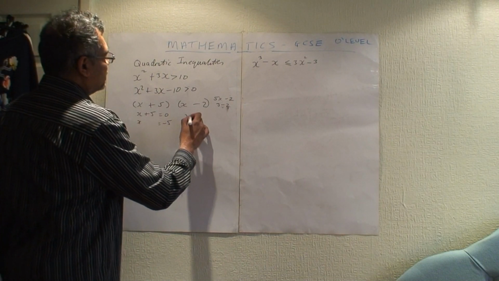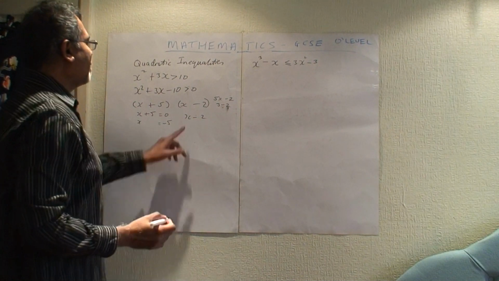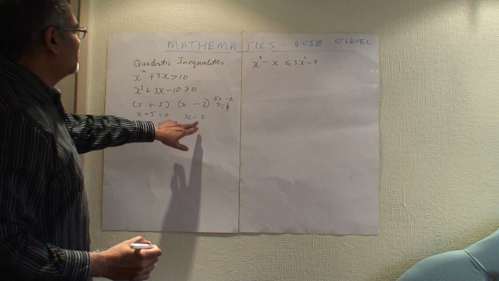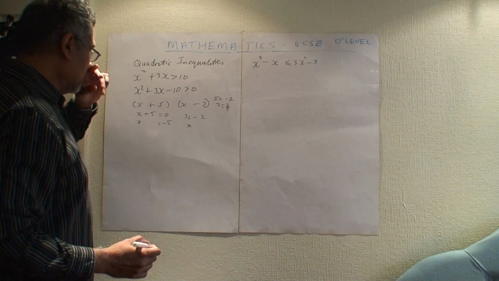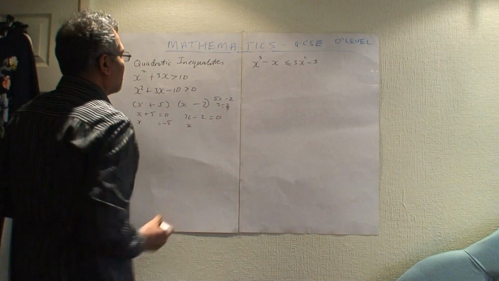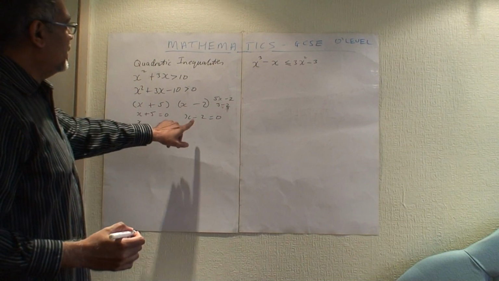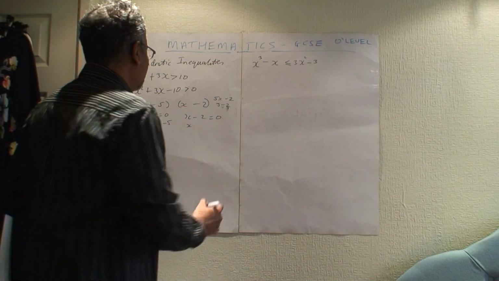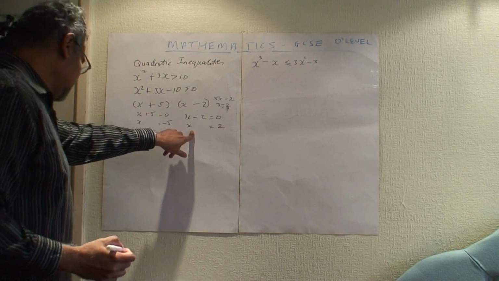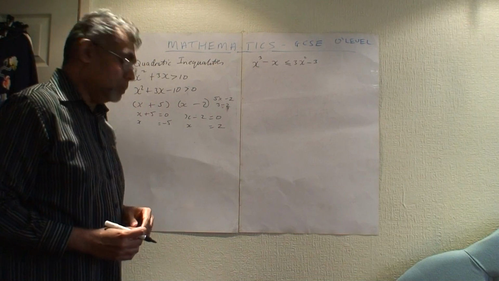Similarly, do the same thing for x minus 2 equal to 0. To put the x on one side, we move the 2 to the other side, and it becomes plus 2. So x is equal to 2.